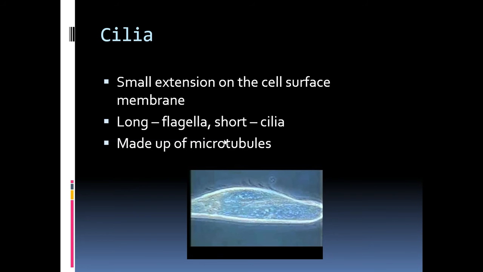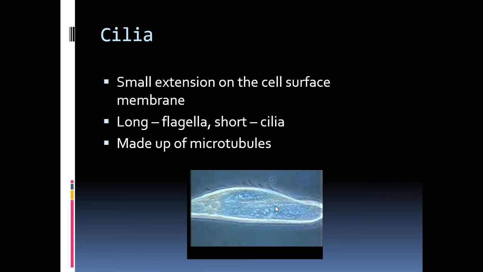Next is the structure of cilia, which may be found in certain cells. It's a small extension on the cell surface membrane or on the plasma membrane, and a longer version of the cilia is known as flagella. So the short one is known as cilia.